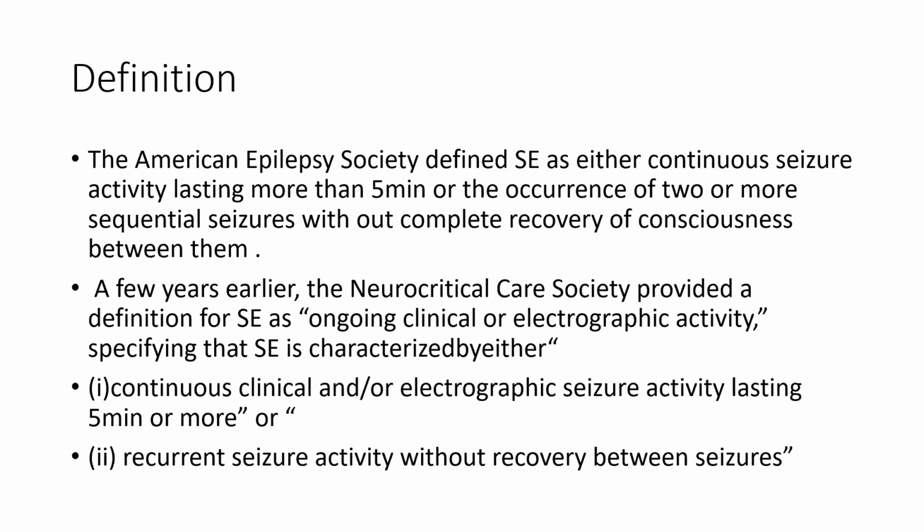A few years earlier, the Neurocritical Care Society provided a definition for status epilepticus as ongoing clinical and electrographic activity, specifying that status epilepticus is characterized by either continual clinical and electrographic seizure activity lasting 5 minutes or more, or recurrent seizure activity without recovery between the seizures.